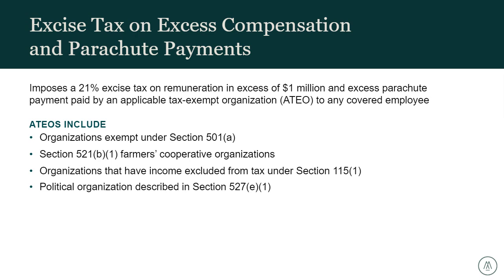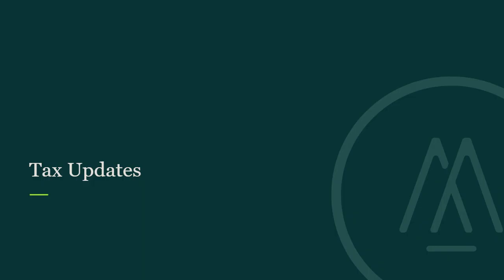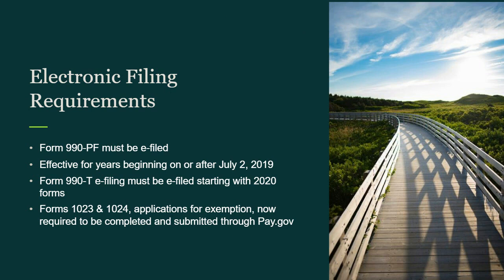It's important to note, though, once somebody is a covered employee, they are always a covered employee. So as soon as this exception doesn't apply, you can't apply it in future years because that person has become a covered employee.